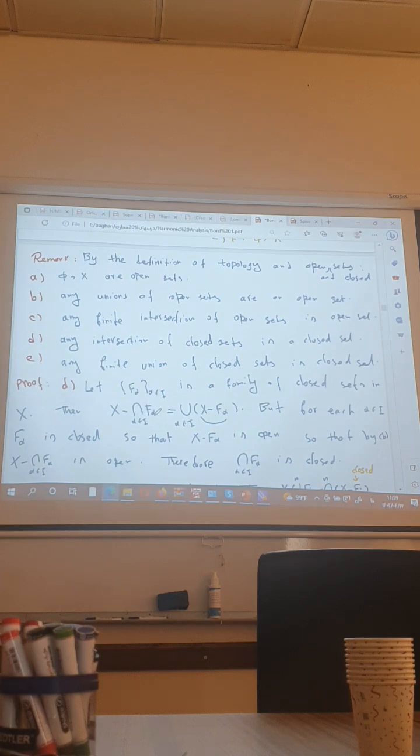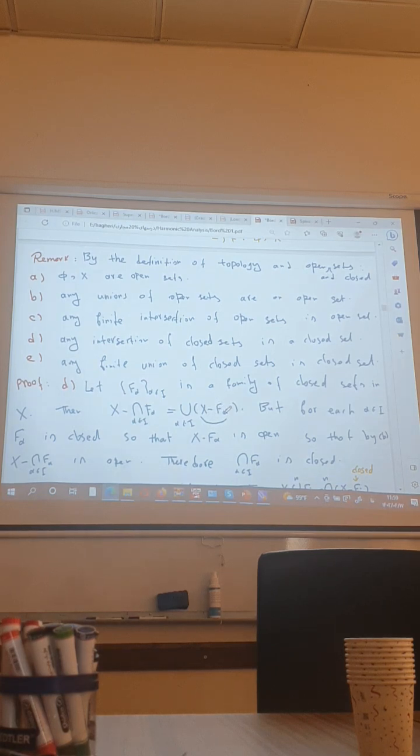We know the De Morgan property, okay? The complement of the intersection is equal to the union of the complements, X minus F alpha. It is very nice that all of these F alpha are closed, so all of these complements must be open.